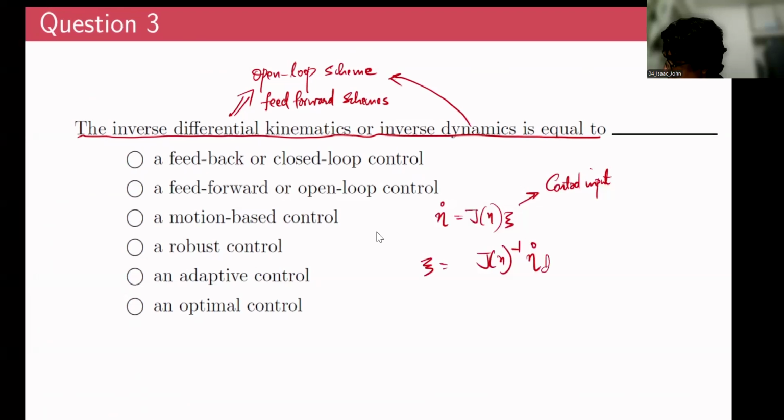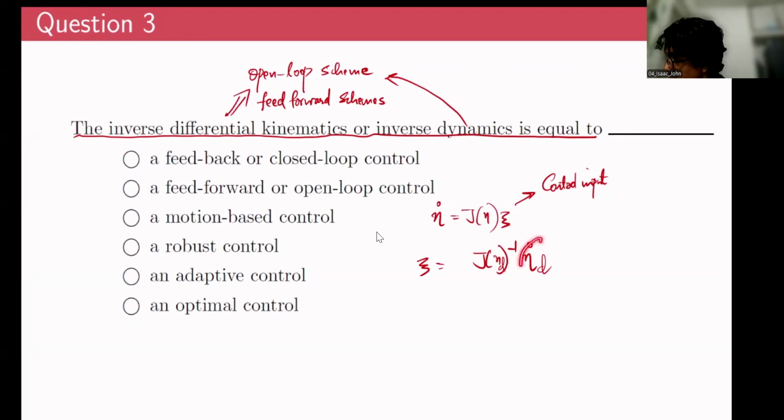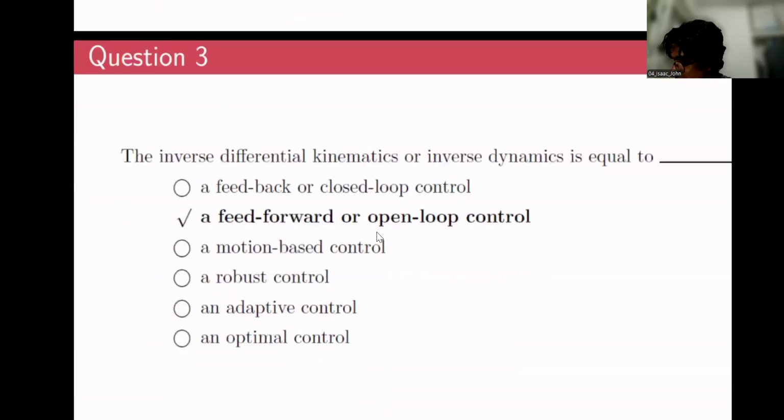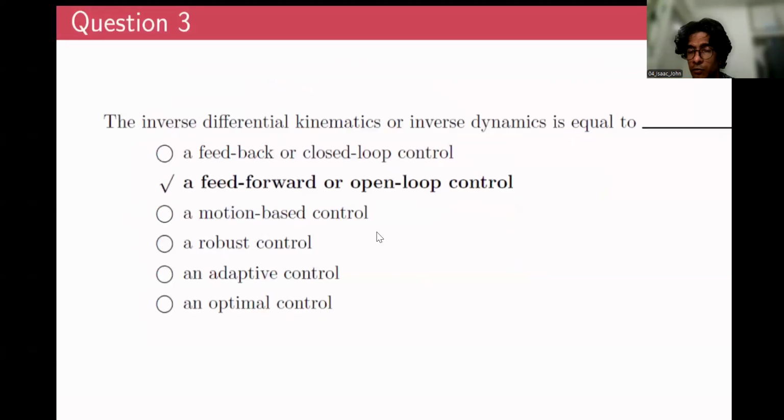So eta dot becomes eta desired dot, and your control input simply becomes J of eta desired inverse times eta desired dot. If you already have a desired coordinate, you simply pre-multiply that with the inverse of the Jacobian matrix, and you will get this control input. You can straight away feed that into the motor. So that makes our answer option B, which is feed forward or open loop control. So option B is indeed the correct answer for this question.